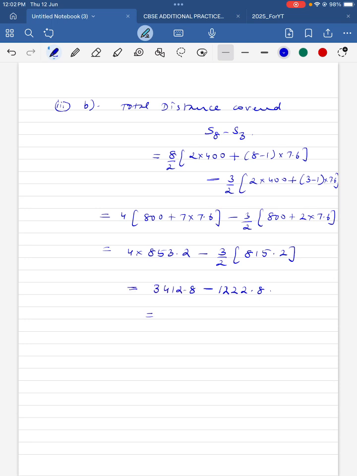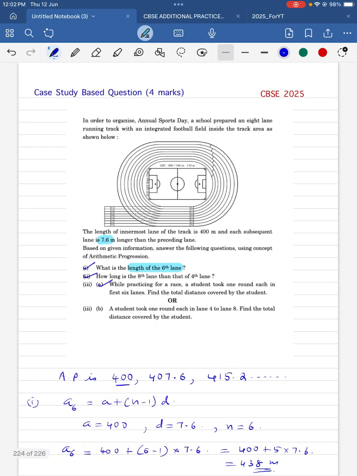Now if I subtract, I would get 2190 meters. So the final answer to the third question, B part, that is the total distance covered by the student in lane 4 to 8, will be 2190 meters.